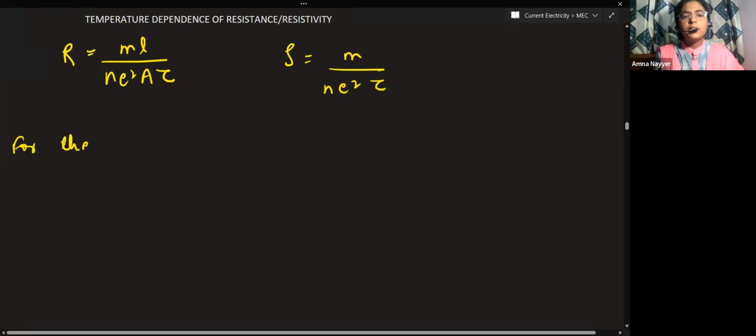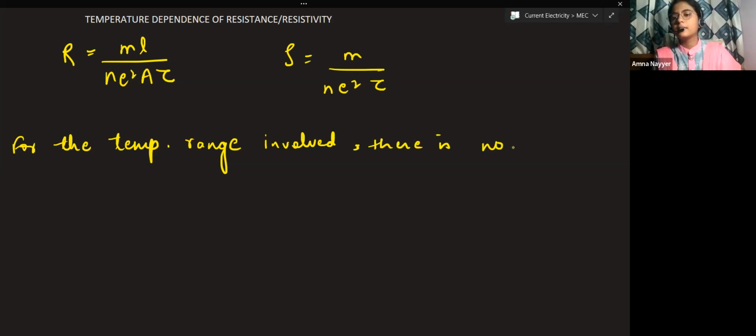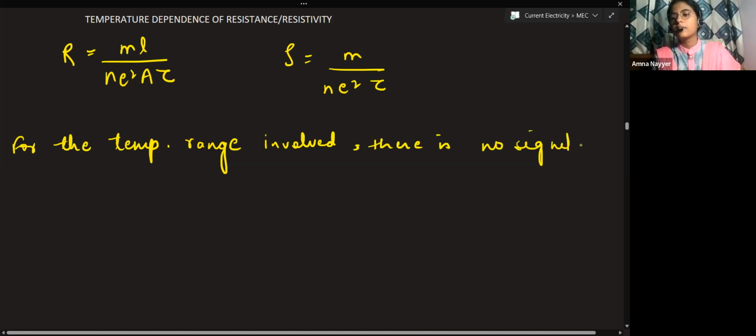So for whatever temperature range is involved, there is no significant change in length and area.